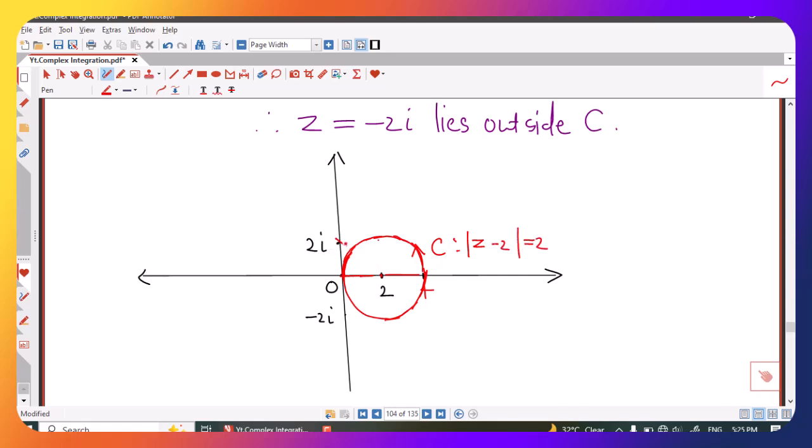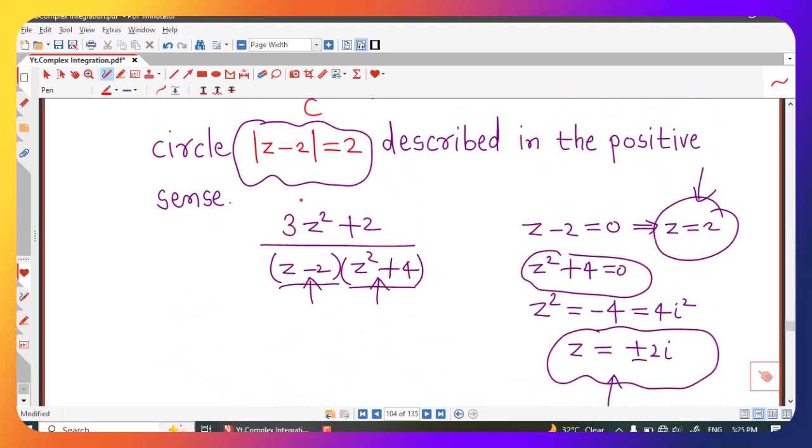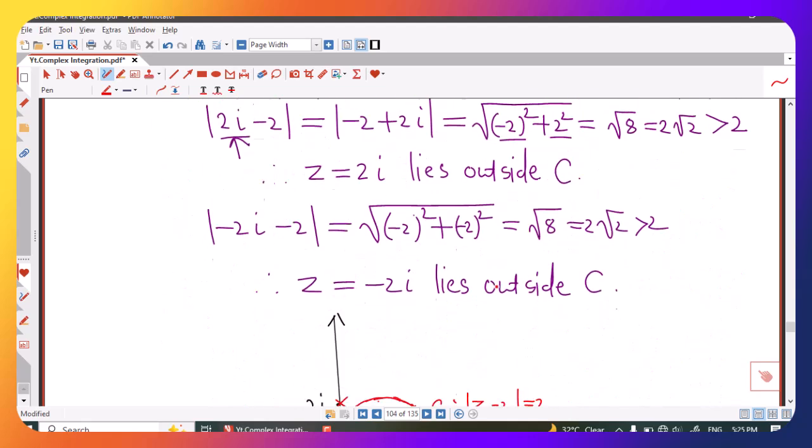And we can see these 2 points are outside the circle, and z equal to 2 lies inside the circle. So now we can write our function as (3z square plus 2) divided by (z square plus 4), and in the division we will write z minus 2, because this part, which we will denote by f of z, is analytic everywhere inside and on simple closed contour C. This is not analytic at z equal to 2i and minus 2i, but they are outside this contour.